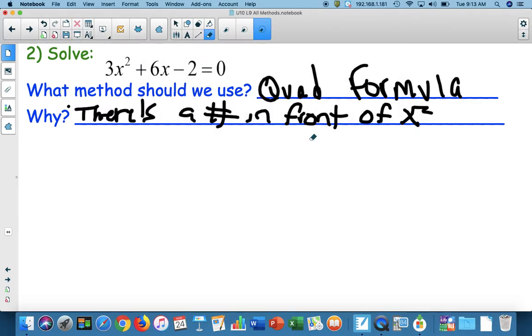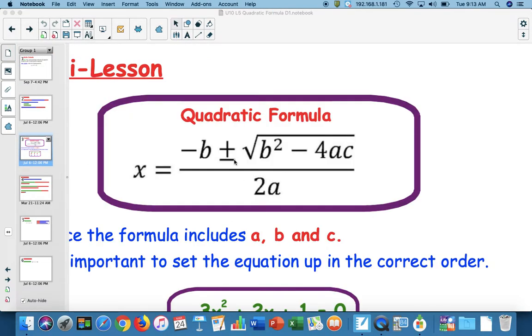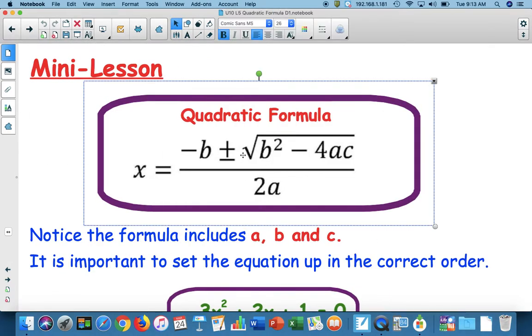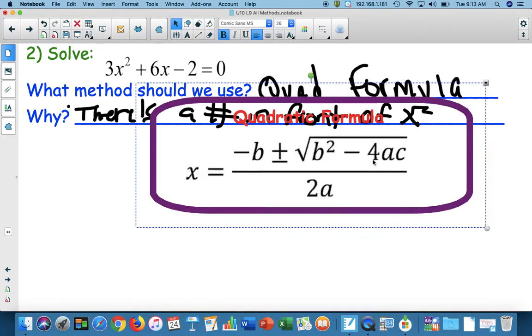Let me just get that for you guys because my writing looks really, really bad. All right, quadratic formula. Come on. Here we go. Copy it. And let's bring it back to our lesson right here. All right, so just in case we forgot what this puppy looks like, here's our quadratic formula.